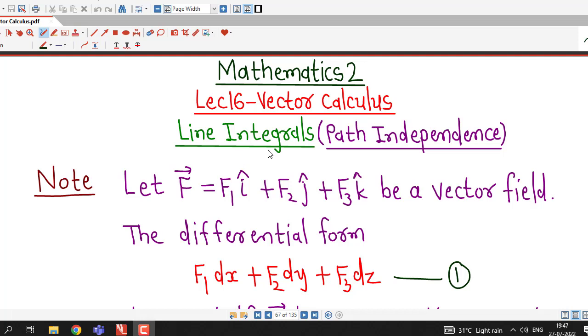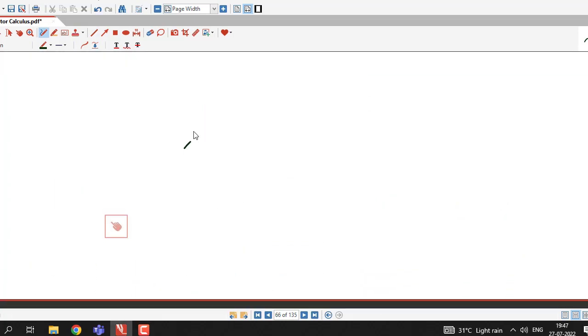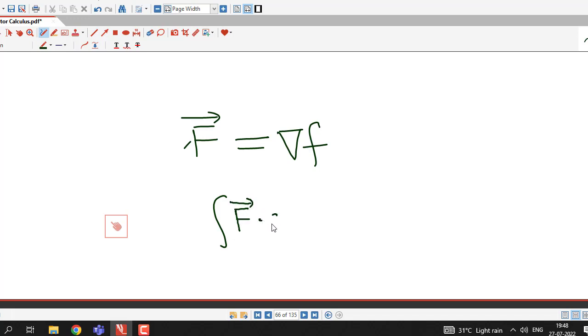In lecture number 15, we talked about path independence of line integrals, and we saw that if our vector field F bar is conservative, then its line integral is independent of path. If F bar is a conservative vector field, then the line integral of F bar along any curve C joining two given points, say A and B, has the same value.